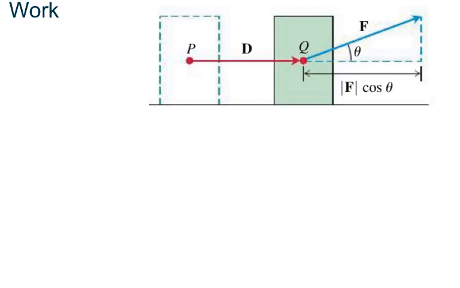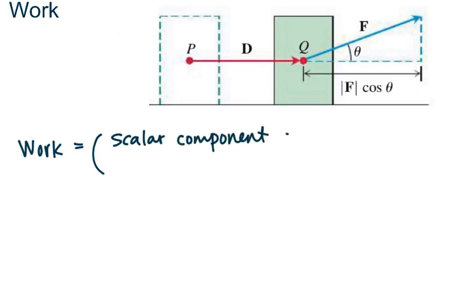So I'm going to write that out. We have work. So we have a scalar component of F in the direction of the vector D. So D is a vector and this force is a vector.